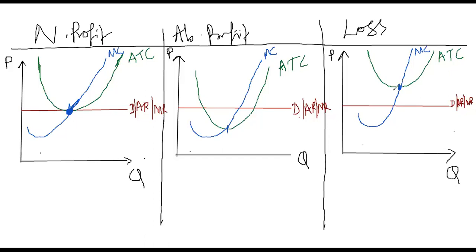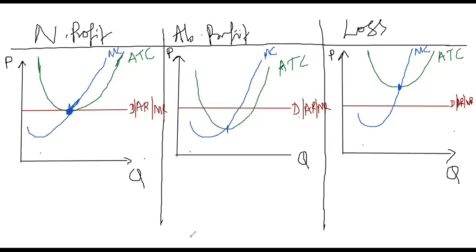Right. Now we have drawn the MC curve also. So demand, AR, MR drawn, ATC drawn, MC drawn.